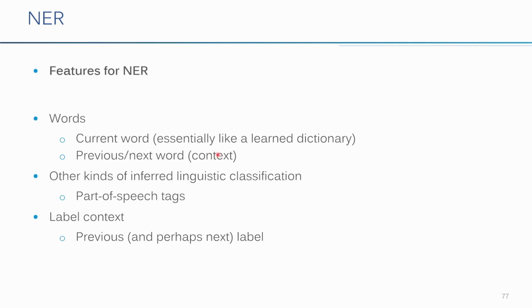Other features that you can use are the part of speech, most likely, because depending on the part of speech you have, you might be able to identify either a single word or a context word belonging to a certain entity. And then the label for the context. And this is actually quite important because usually, when we're doing named entity recognition, you want to consider an entire context, not just one single word, of course.